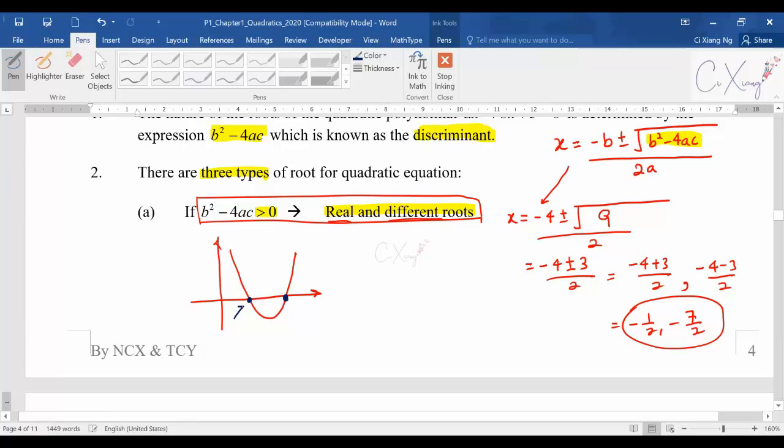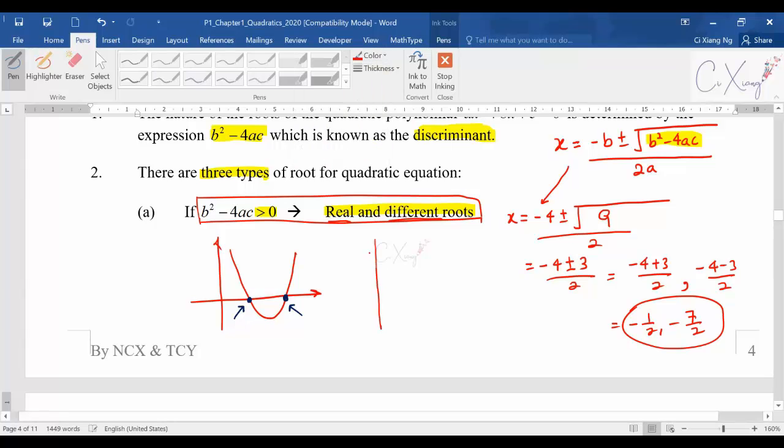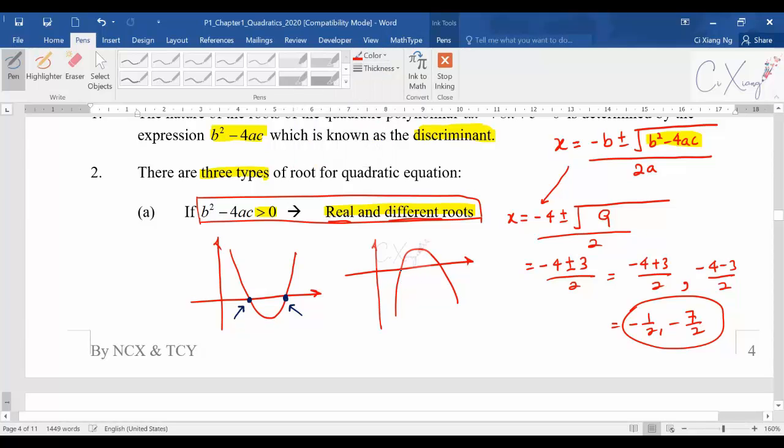So all these values, we call them roots. Therefore, real and different roots also means that your graph will have two different x-intercepts. And if you have the N shape, your quadratic graph might look something like this. This is just a very simple example, just a very rough idea.